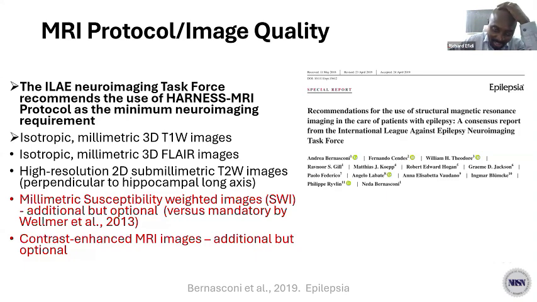And then there are other protocols that are non-mandatory according to the Neuroimaging Task Force, but they may become necessary, such as susceptibility weighted image, because sometimes you may want to detect very small vascular malformations which the other sequences might not be able to detect. So susceptibility weighted image becomes important here. Then contrast enhanced image may be necessary, especially when you are dealing with the epilepsy-associated tumors that we have already talked about.